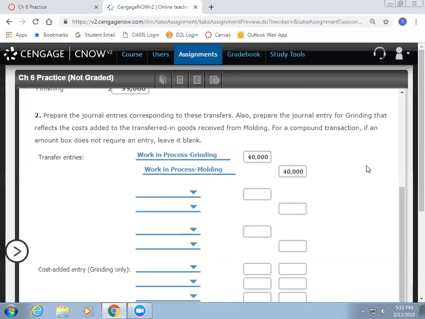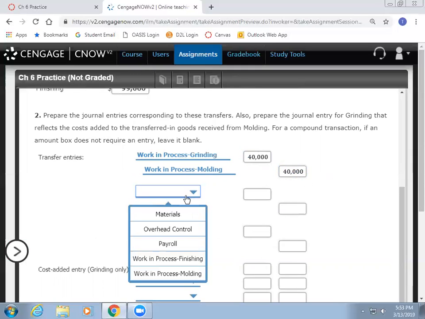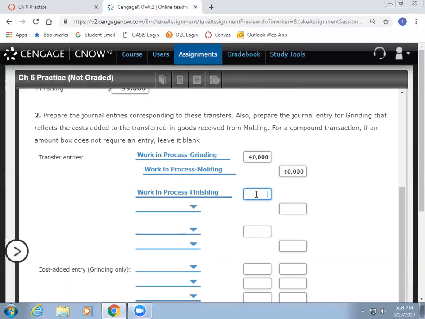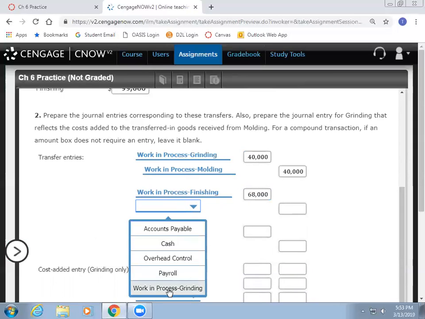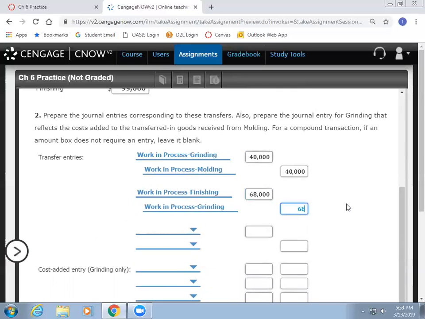So then grinding has 68,000 in costs as a debit, all total, and we're going to transfer that to finishing. So to do that, we would just debit work in process finishing for the 68,000 now, and credit work in process grinding. So now all the costs that were in grinding get transferred into work in process finishing.